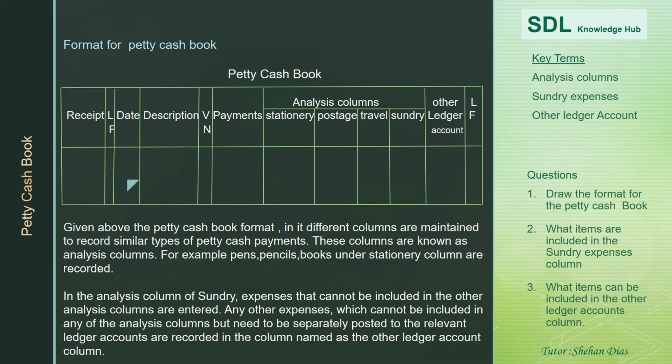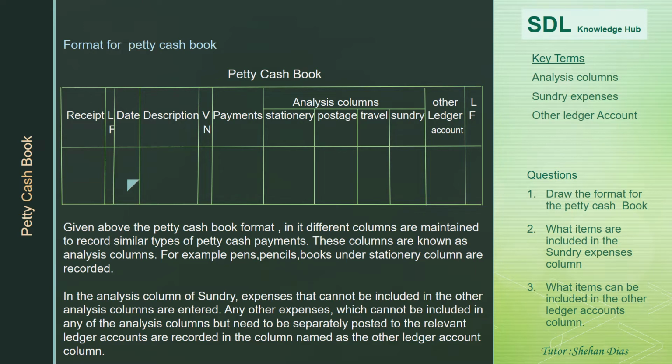Based on this format, we can see that there is an analysis column which states different types of petty cash payments. In this column, similar types of payments are recorded under each of these expense categories.